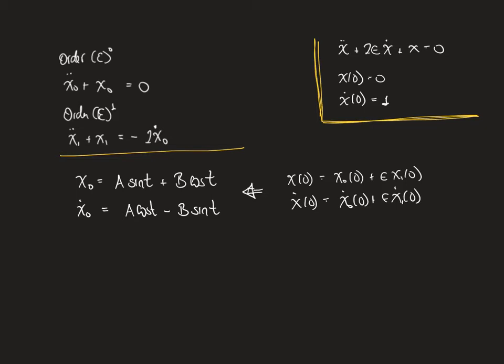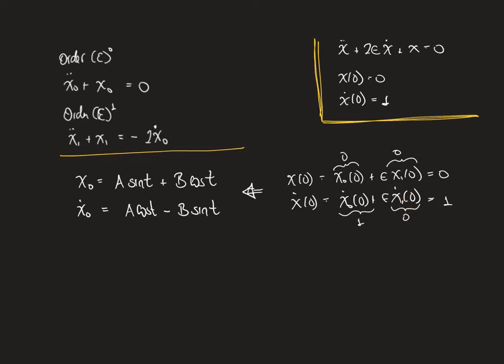The first one is equal to 0, and this is equal to 1, which means that x0 of 0 is equal to 0, x1 of 0 is equal to 0, x0 dot of 0 is equal to 1, and x1 dot of 0 is equal to 0. So see that this is actually of a scale of epsilon of 0 order. Therefore this one is assigned to the scale of 0 order, and this one is just a remaining part, like a residual if you want. Then this is gonna be just 0.